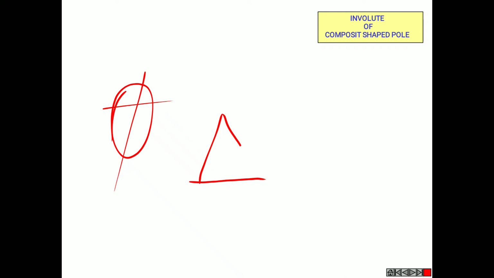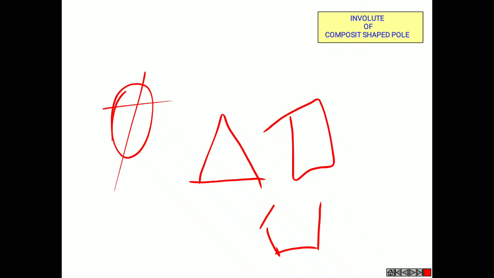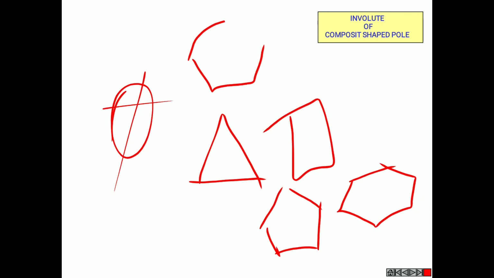Composite shaped pole may be not in a circle, it may have some sharp ends, maybe like a triangle or a square or a pentagon or hexagon, or it may be a combination of this order, so anything else. So now we'll see involute of composite shaped poles.